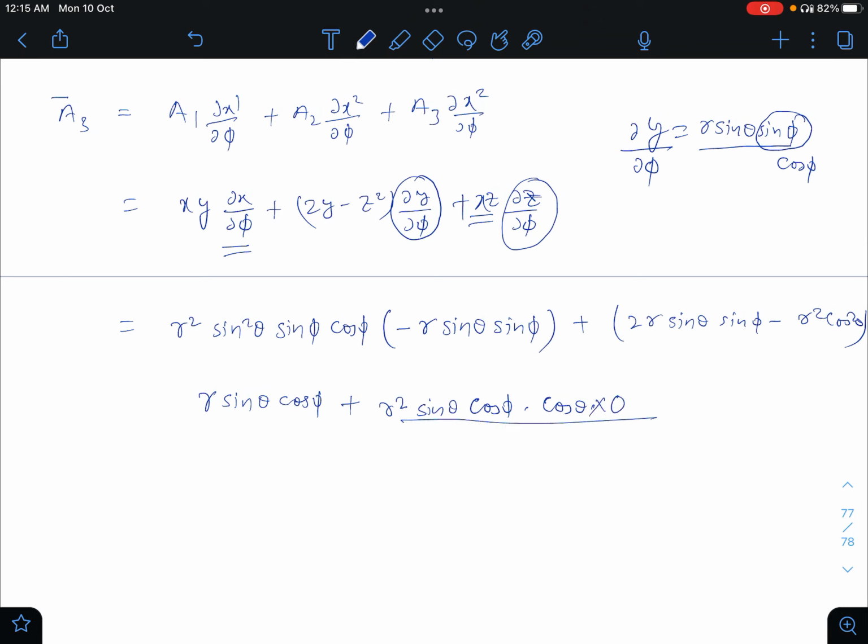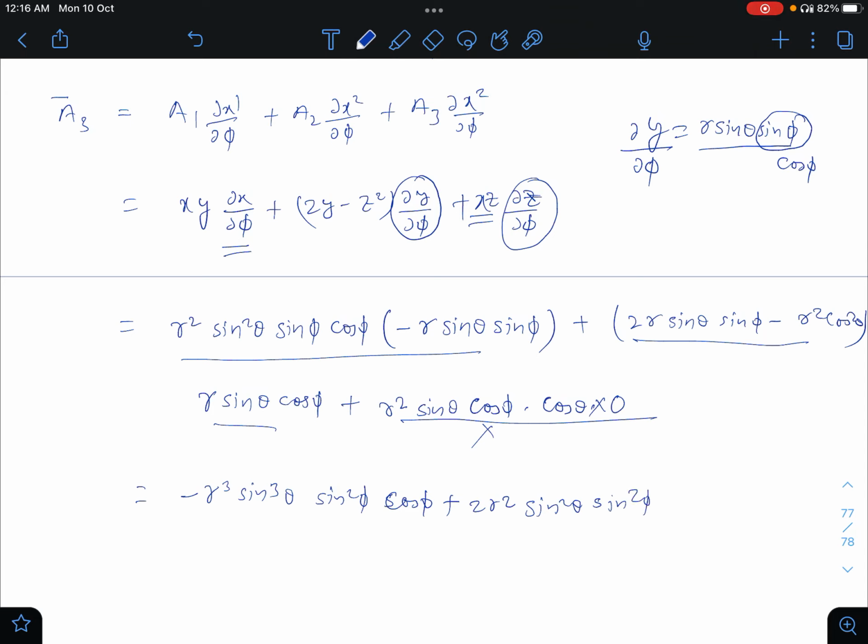So this term will be cancelled, and this can be written in short as minus r cube sin cube theta sin square phi cos phi plus 2r square sin square theta sin square phi, and minus r cube sin theta cos square theta sin phi.